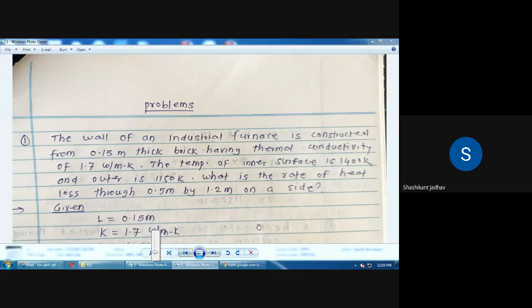The wall of an industrial furnace is constructed from 0.15 meter thick brick.